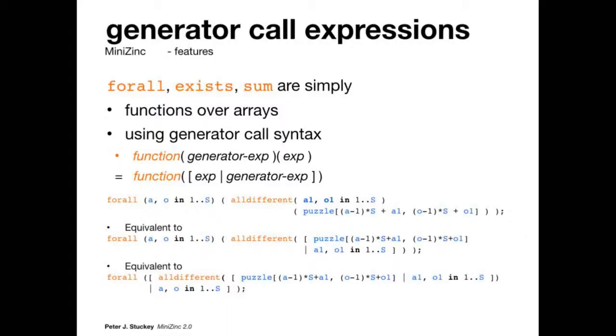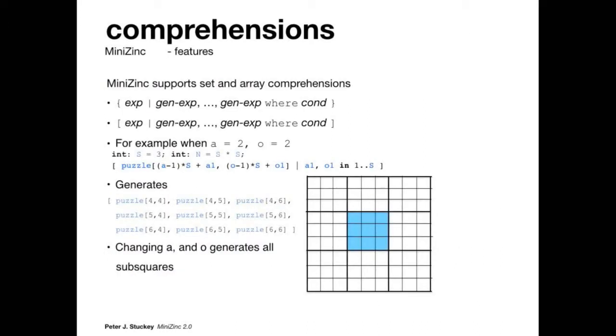And then the reason that we're building these list comprehensions is for basically applying functions which apply to lists typically, or arrays. And so here is this constraint which is actually going to force that each of the 3x3 subsquares here has different numbers in it.